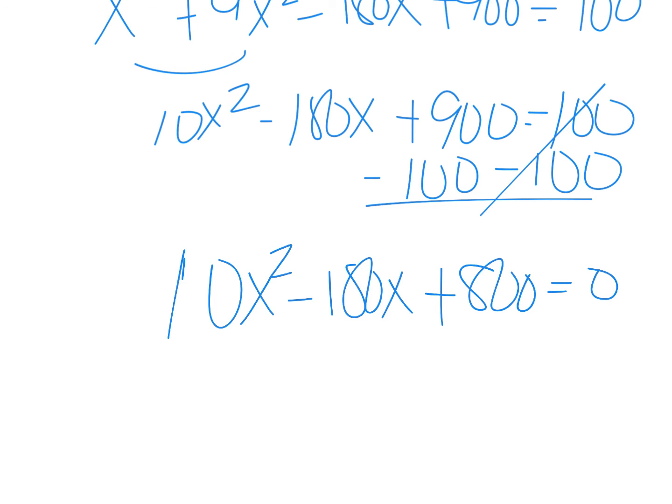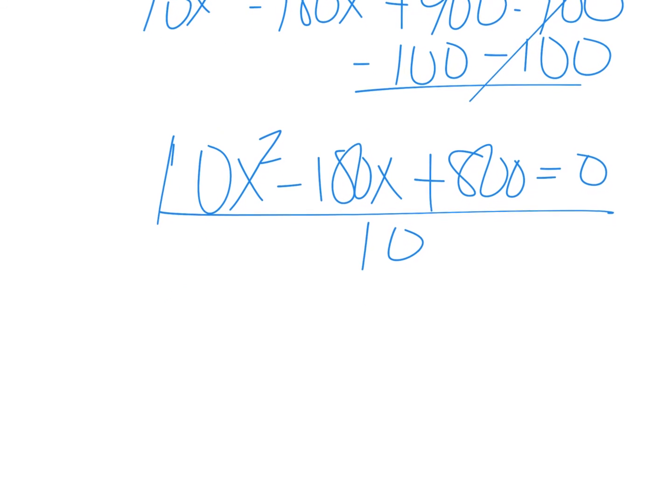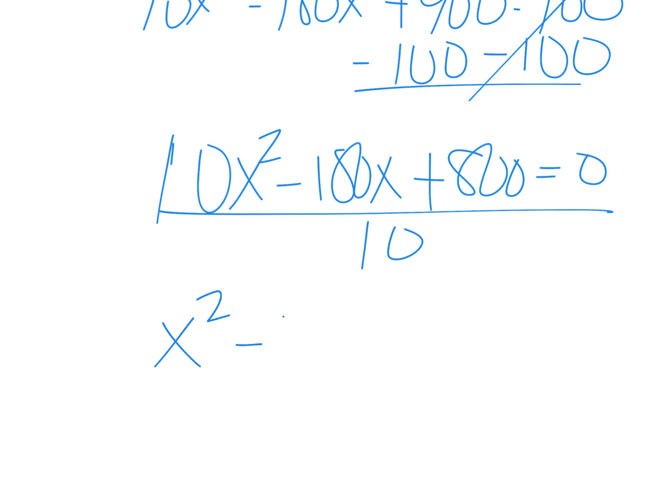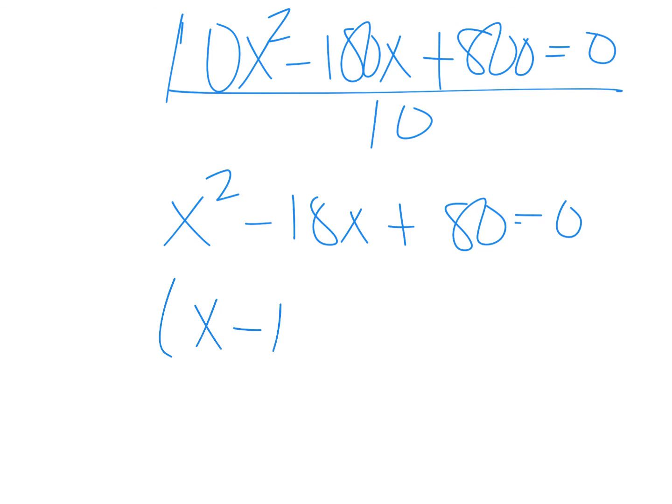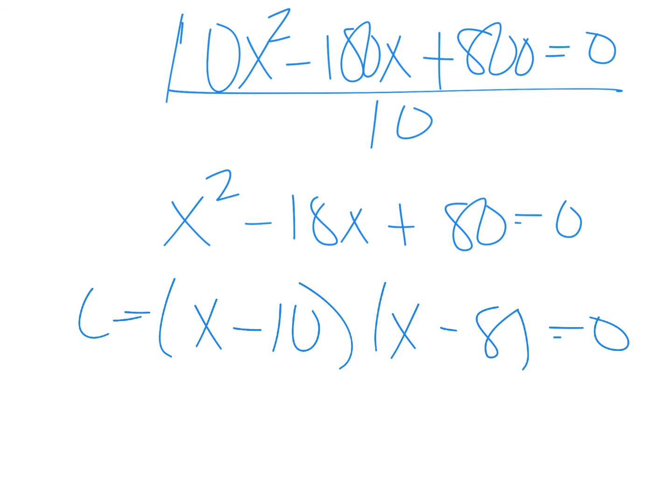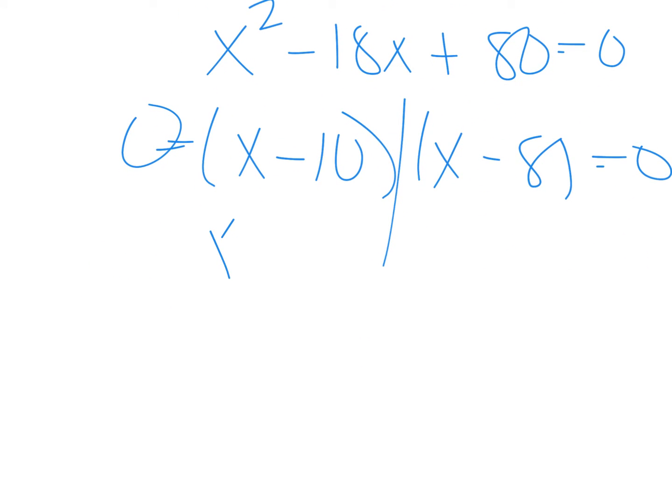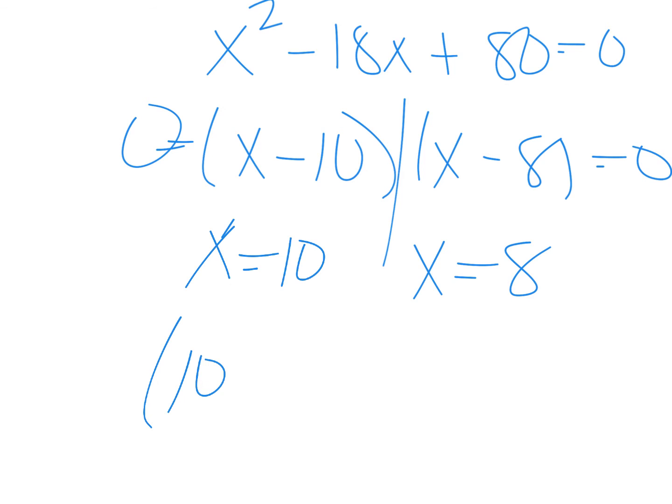Now, it would make my life easier if you divide by 10 all across the board, and then it gets rid of it. And then factors of 80 that add to 18 are just 10 and 8. Make these both equal to 0, and we get x equals 10, and x equals 8. Now remember, these are just your x values.